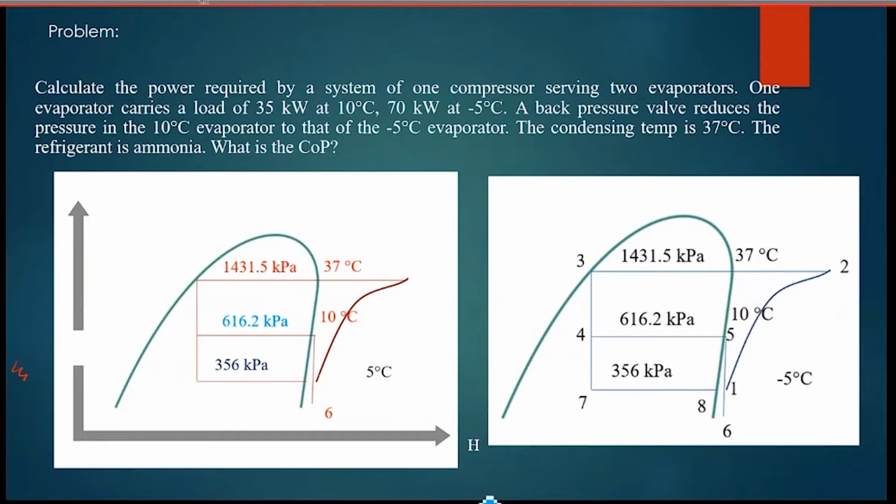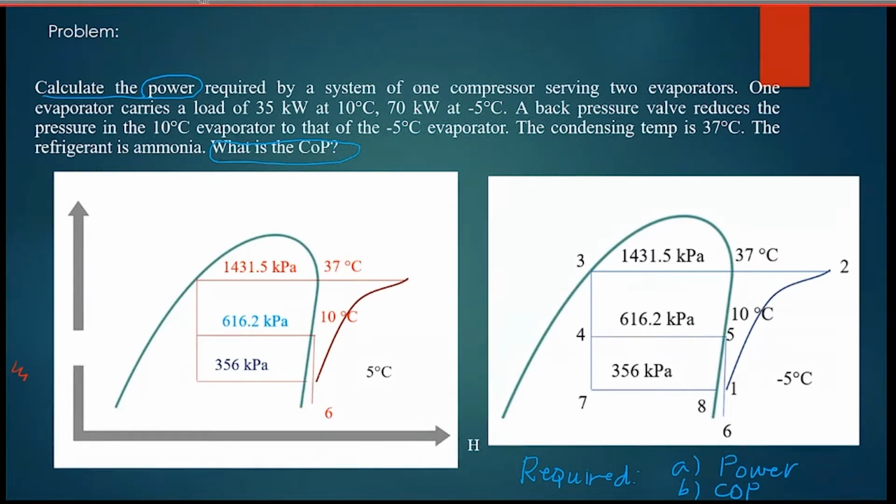So here, if I may write, we are being asked of the power, and then the COP, the coefficient of performance. If I may highlight that portion: first we are asked of the power, and then at the last part is the coefficient of performance.